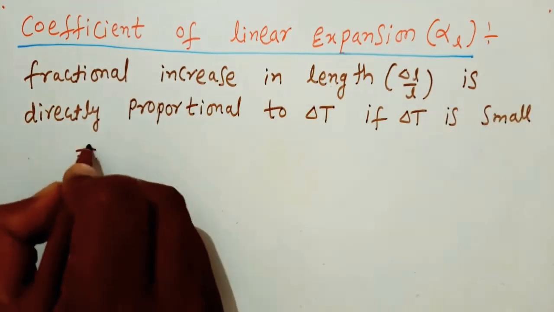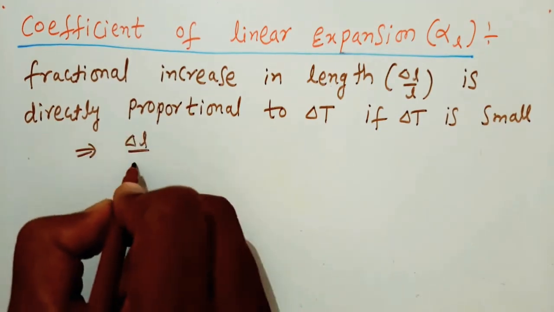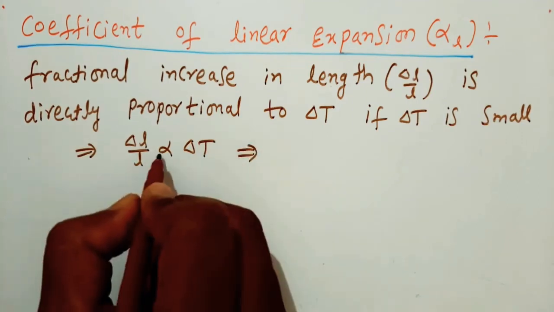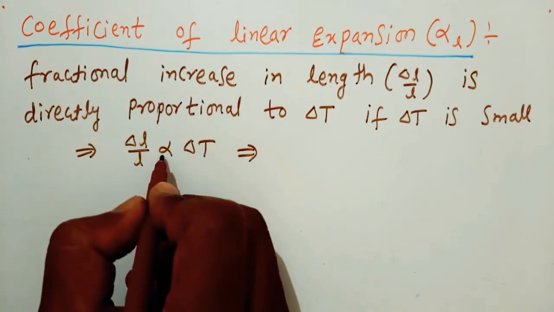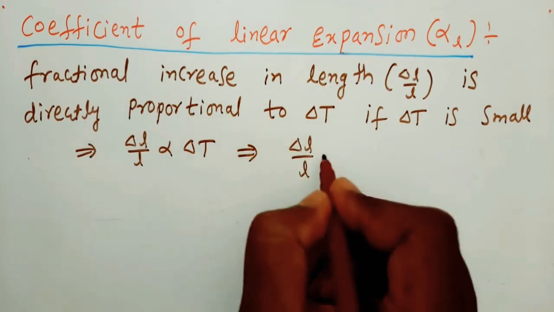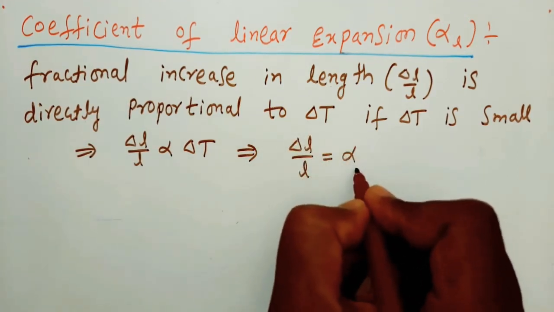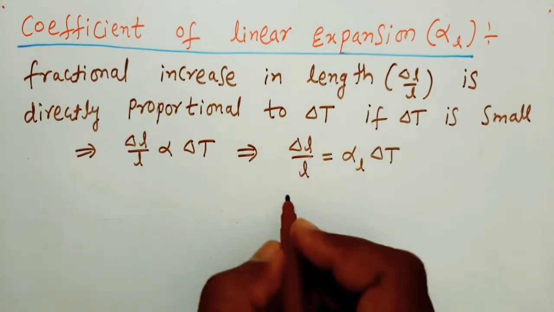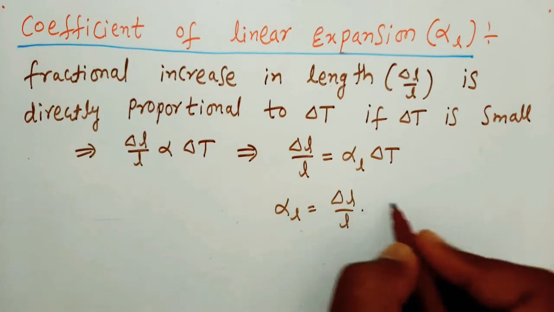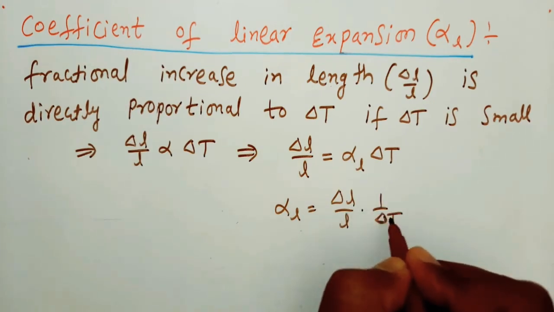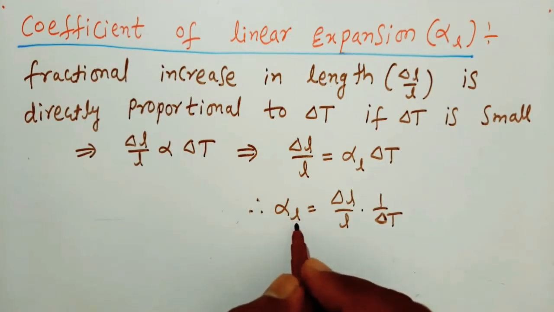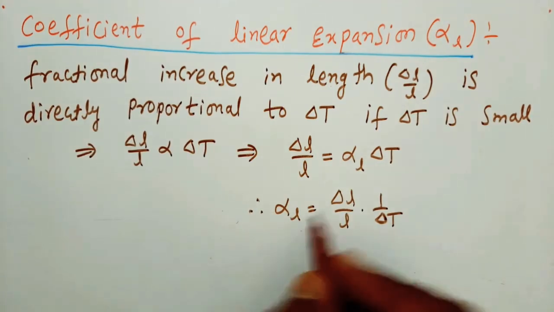If we remove proportionality, we have to take a proportionality constant. So del L by L is equal to alpha L into del T. From this, alpha L is equal to del L by L into 1 by del T. So this alpha L is known as coefficient of linear expansion.